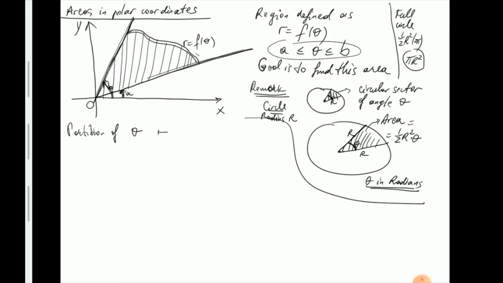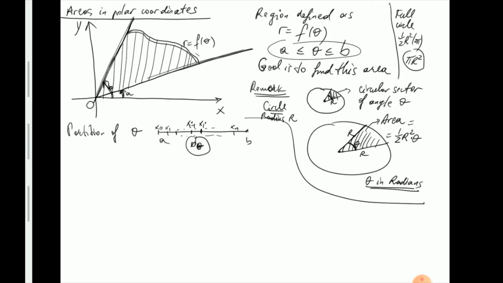Remember, you construct the Riemann integral by making a partition of the interval domain. So for each piece of the partition, you're looking basically at a narrow distance between two nearby points on the partition, which we can denote by d theta, as we represented by dx in the case of Cartesian coordinates.